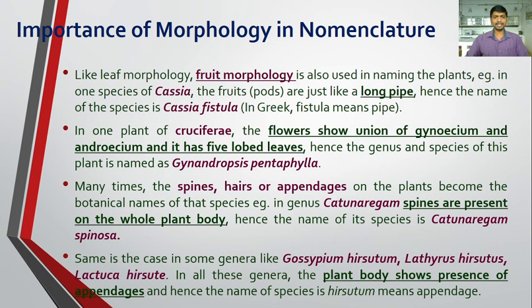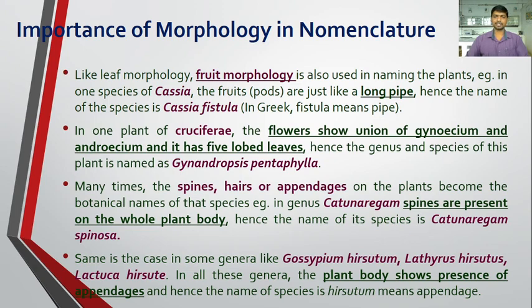Same is the case in some genera like Gossypium hirsutum, Lathyrus hirsutus, Lactuca hirsuti. In all these genera, the plant body shows presence of appendages. So hirsutum means appendages. The species name in these plants has been given on the basis of presence of appendages on their plant body.